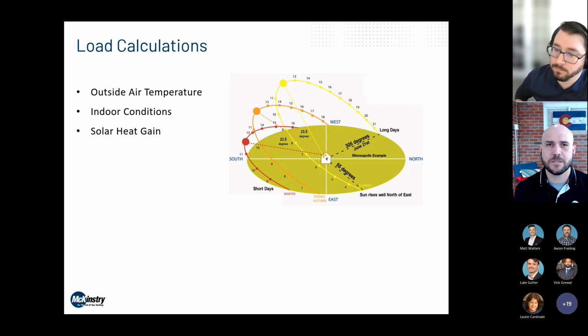But yeah, west-facing spaces tend to have higher cooling loads than east-facing spaces because the temperatures are higher in the afternoon, compounding the solar gain.